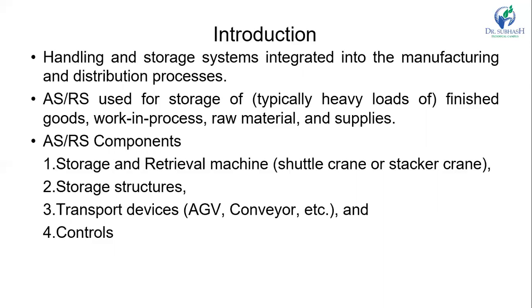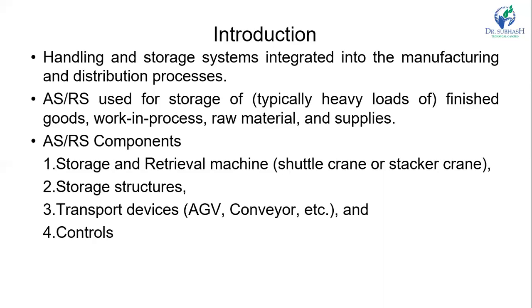This ASRS is used for the storage of typically heavy loads of finished goods, work in process, raw material and supplies. The main components of the ASRS are storage and retrieval machines, known as shuttle crane or stacker crane, then storage structure, transport devices which are AGV, conveyor, and controls.